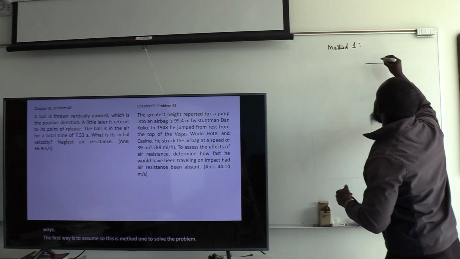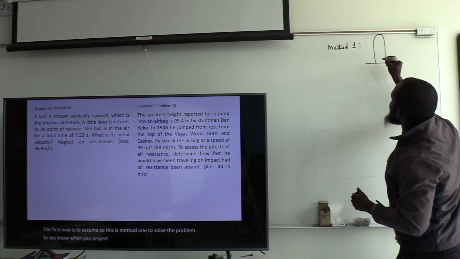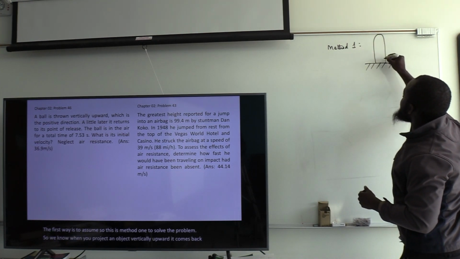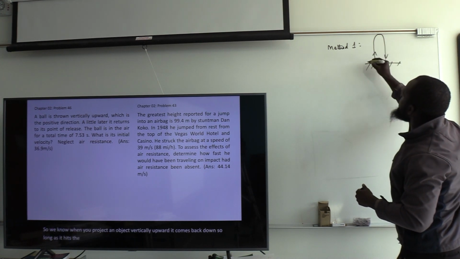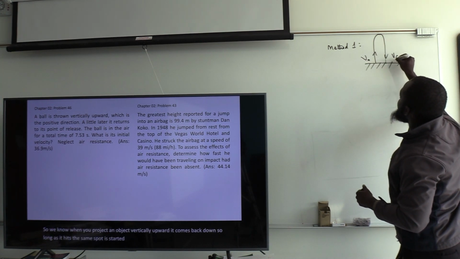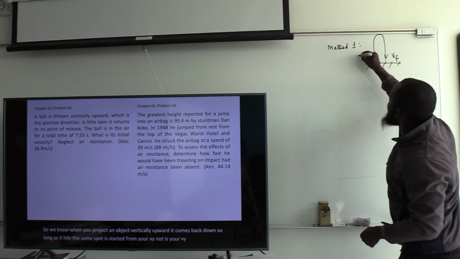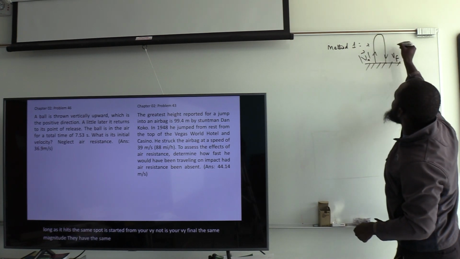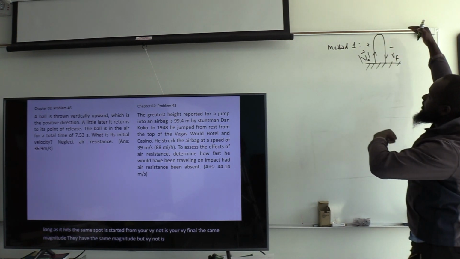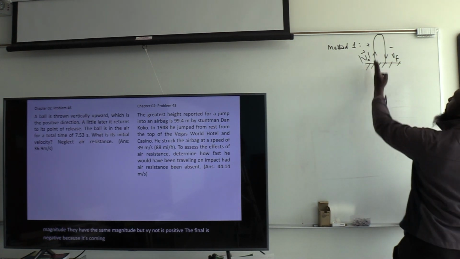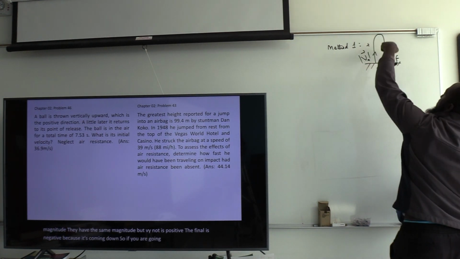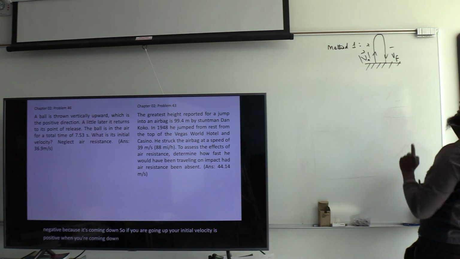So we know when you project an object vertically upwards, it comes back down. So long as it hits the same spot it started from, your V naught and your V final have the same magnitude. But V naught is positive, V final is negative because it's coming down. So if you are going up, your initial velocity is positive. When you're coming down, your final velocity hitting the ground is negative.